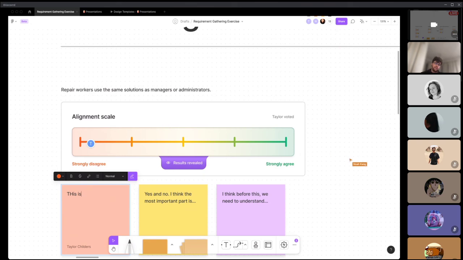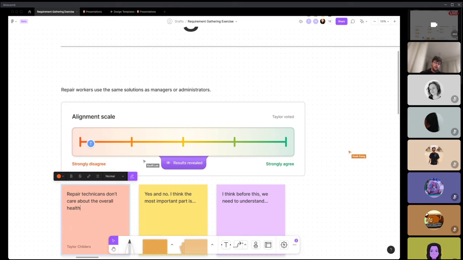our repair technicians don't care about the overall health of multiple engines. They just have a single aircraft engine to repair. And I'm making this up, but it's just something someone decided at a time.